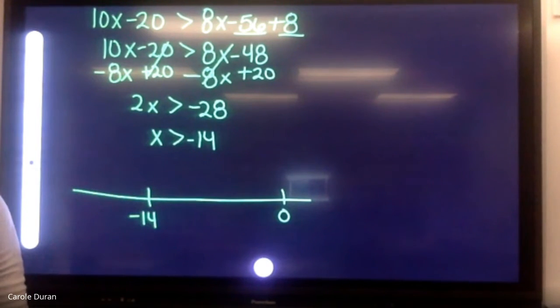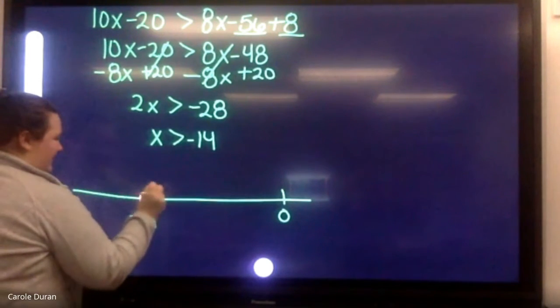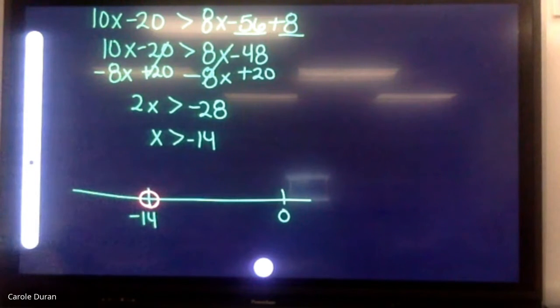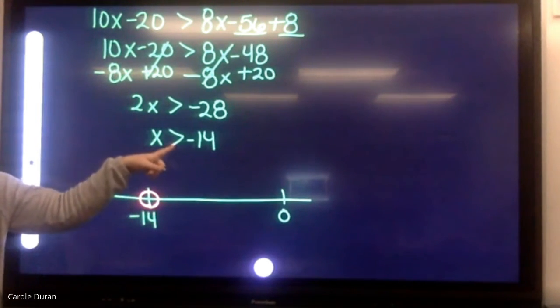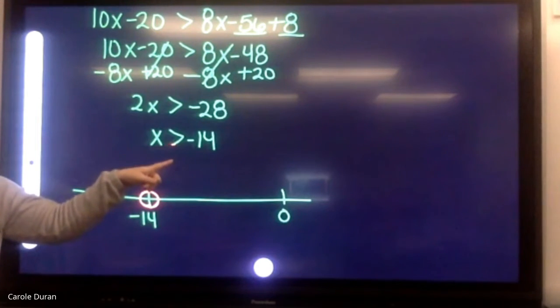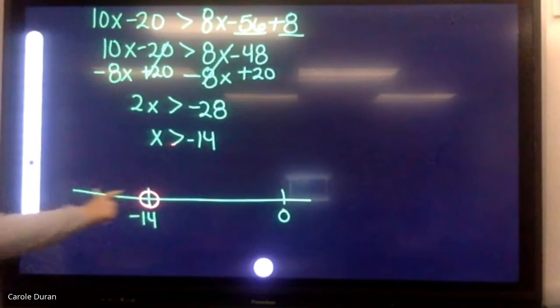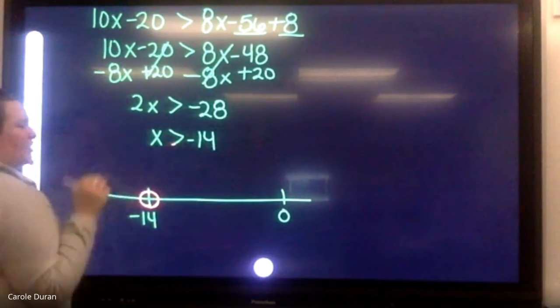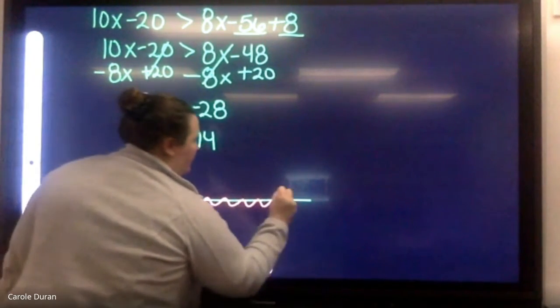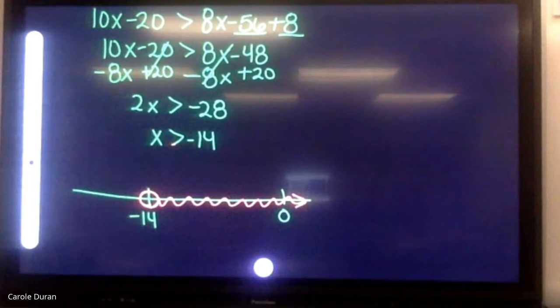Which one? Open. How do we know it's open? A single inequality, less than or greater than, is open. Double inequality, with the line under it, is closed. So I have an open circle and I'm shading to the right. And then I'm done.